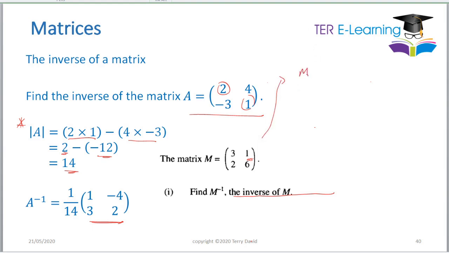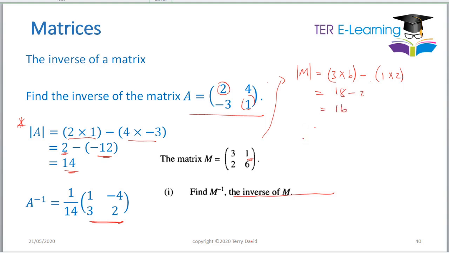So my determinant of M is AD minus BC. So it's 3 multiplied by 6, minus 1 multiplied by 2. So 6 3s are 18 minus 2. So this gives me 16.